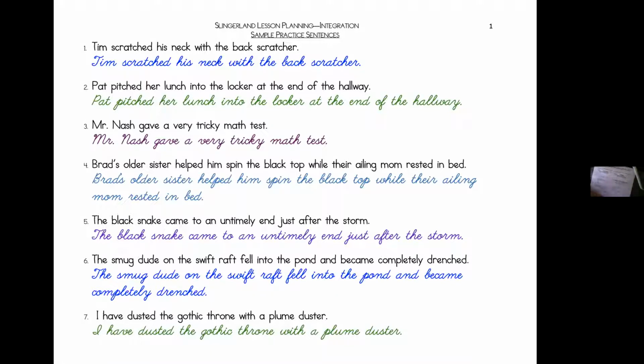Okay. Now, there's one other thing. We said ED and LY, and I want you to look at the ED. Is there only one word in there that has an ED? Yes. And what do you notice about that ED? The first way we would teach ED is to add it to a verb to make it tell what happened in the past.